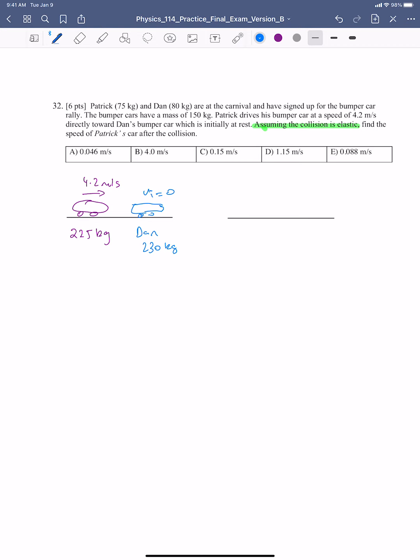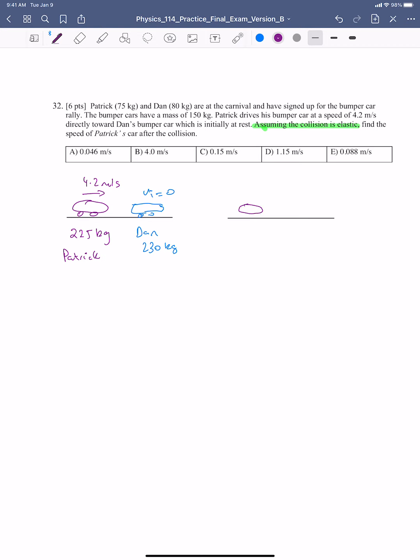equal mass. In that particular case, if they were equal mass, Patrick's car would come to rest after the collision, and Dan would move away at 4.2, but they're slightly different. So there's going to be a small recoil of Patrick's bumper car, and so I expect A or E is probably the correct answer, since I expect Patrick's rebound speed to be almost 0.